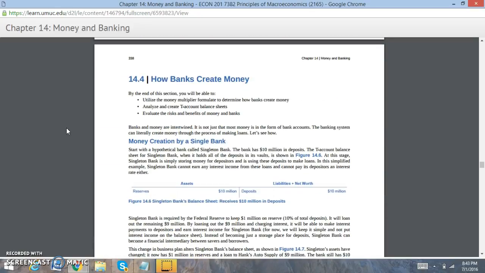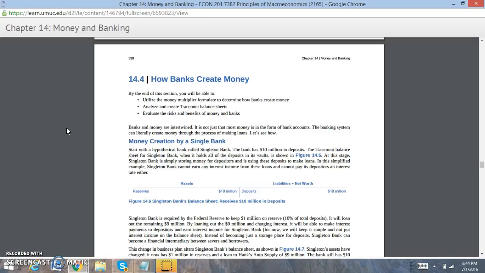Then the last section in this chapter is going to be a look at how banks create money. Banks will be creating money through what's called the multiplier system. For example, if the Fed requires a bank to hold 10%, a bank is forced to hold that amount, but they're able to loan out 90%.